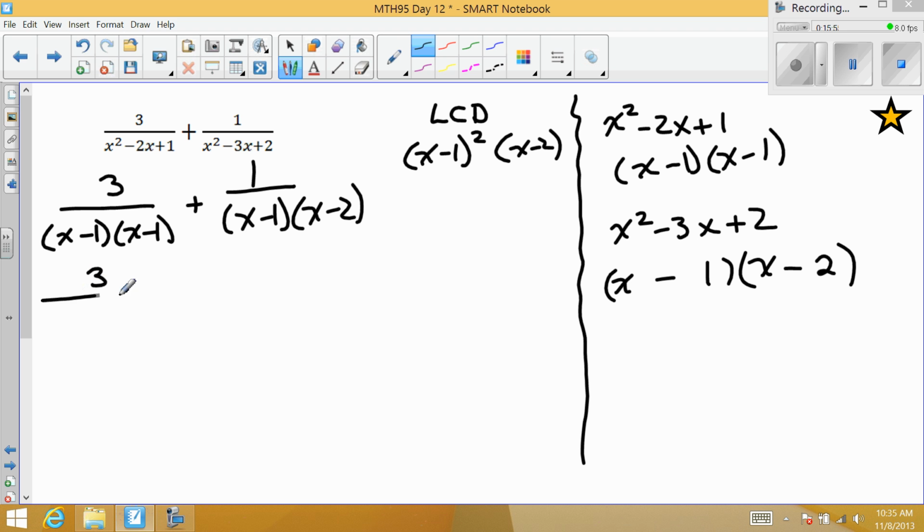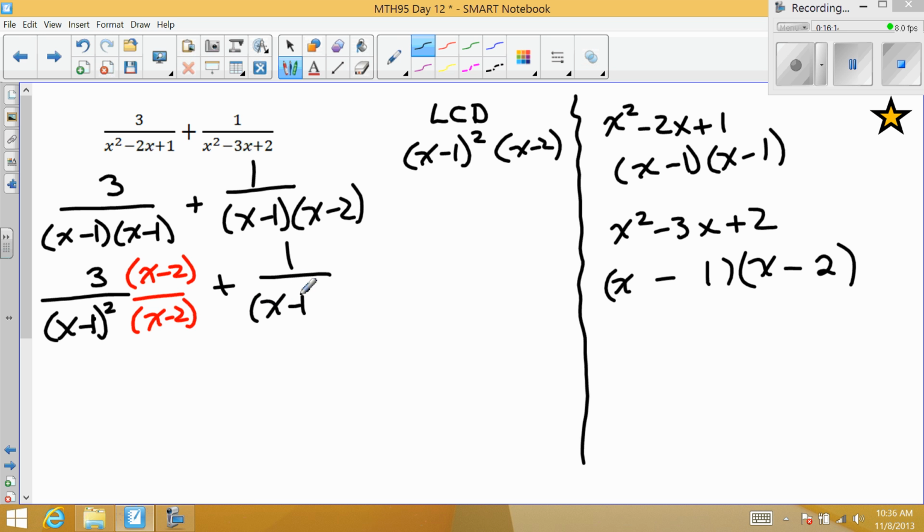So here we've got the 3, the x subtract 1 squared that we already had, and then I'm building up with an x subtract 2 over an x subtract 2 plus the 1, x subtract 1, x subtract 2 that was already there, and then multiply in an extra x subtract 1 and x subtract 1.